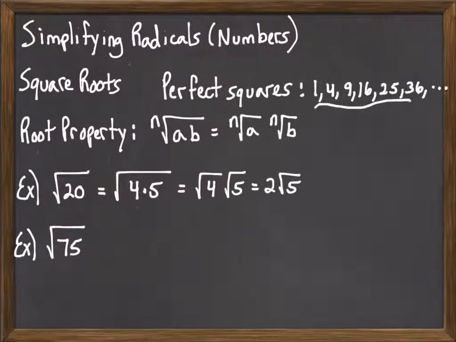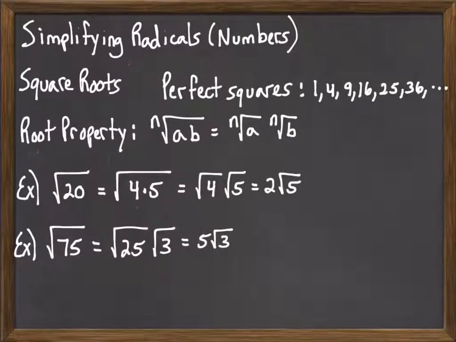But in the case of square root of 75, we get up to 25, and when we get to 25, we find, hey, 25 goes into 75. So I can rewrite square root of 75 as square root of 25 times 3, because 75 is 25 times 3. 25 is a perfect square, so we can do the square root of 25, and we get 5 square root of 3.